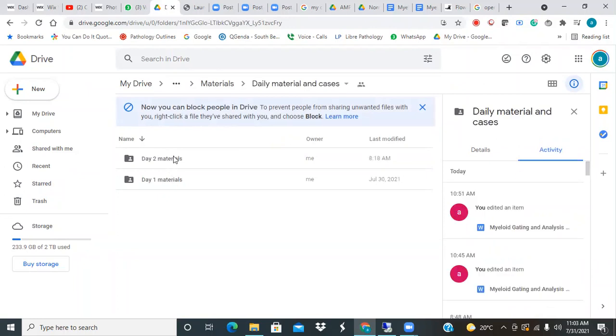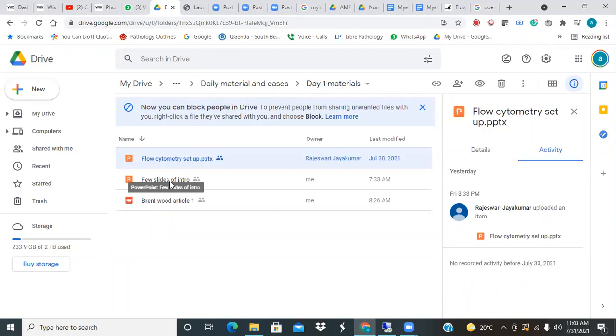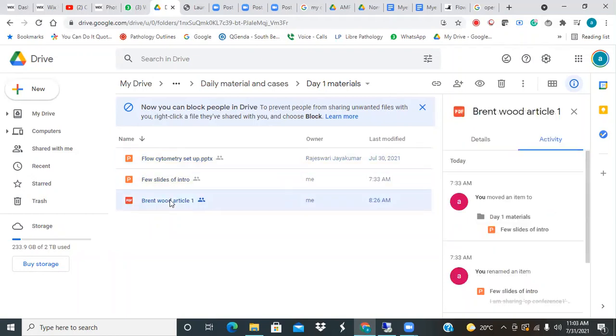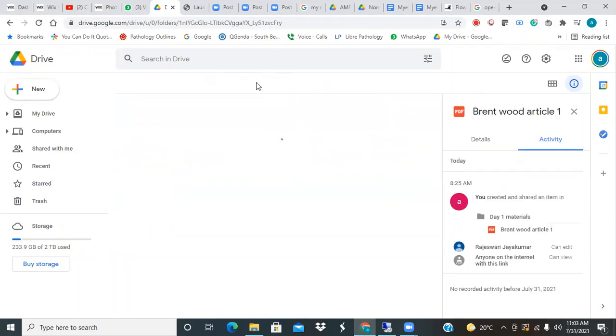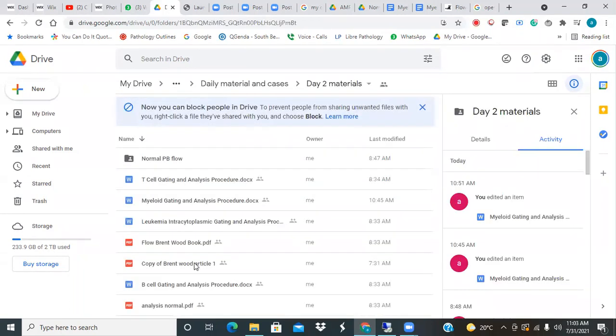Then we have the daily course material. The day one materials are what we discussed yesterday: the flow cytometry setup that Raji discussed, the flow slides intro, and the Brentwood article that I was discussing. The day two materials, we won't be able to cover all of these, but let's see how much we are able to cover in day two.